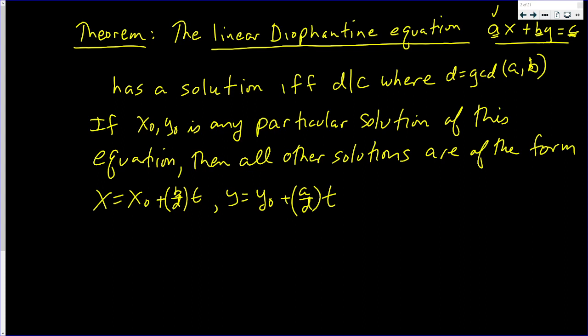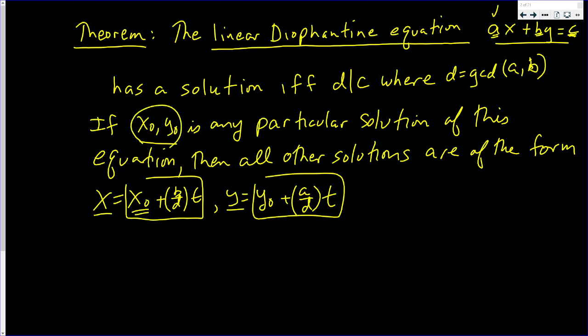Also, if x0, y0 is any particular solution of this form, then there are other solutions, and they must be in this form. They relate to the original, or particular, solution. So this theorem has two parts.